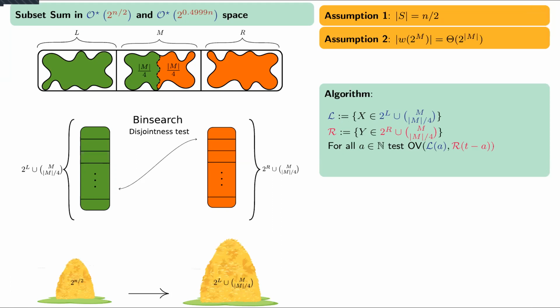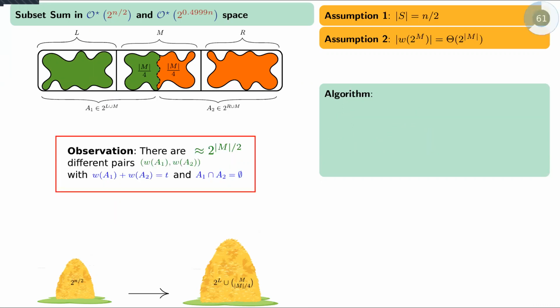What we have done so far seems pretty naive. We had the search space of size 2 to the n-half, and we have increased it to 2 to the L plus M choose M over 4. But if you recall this figure, that is what we wanted. This is how the representation technique works, and we are going to have a nice observation now.